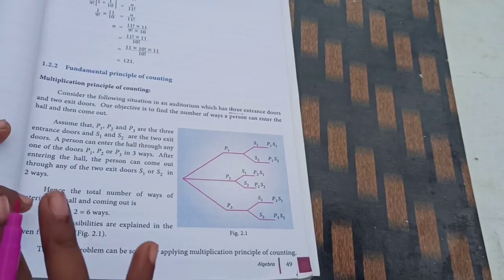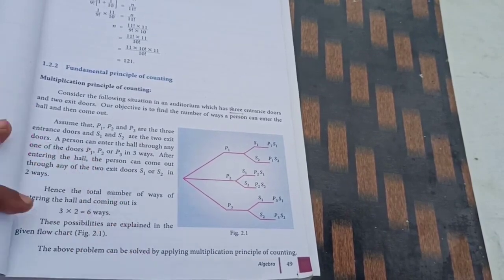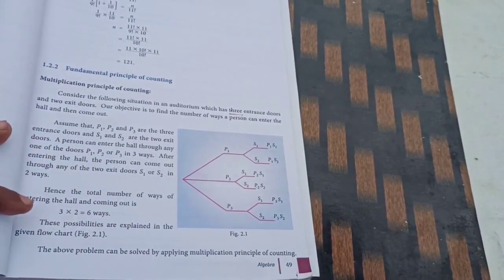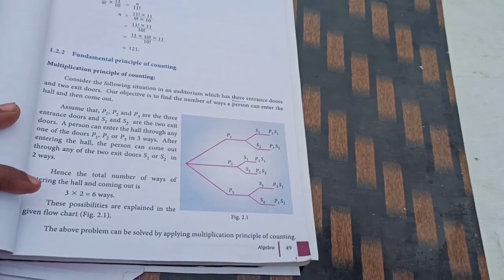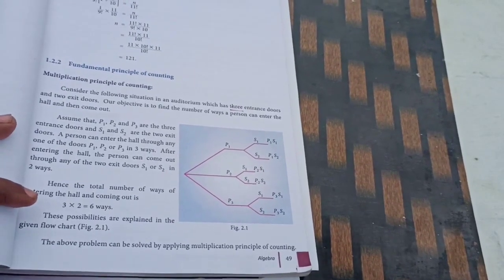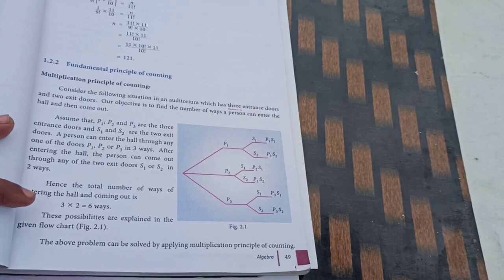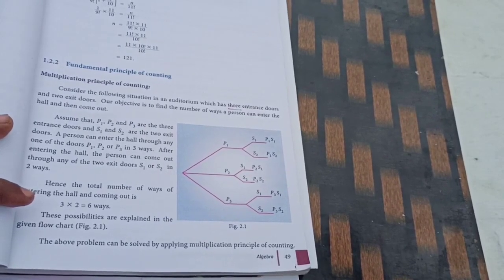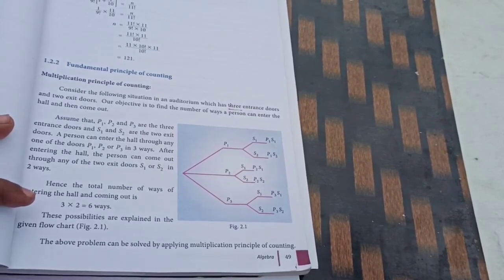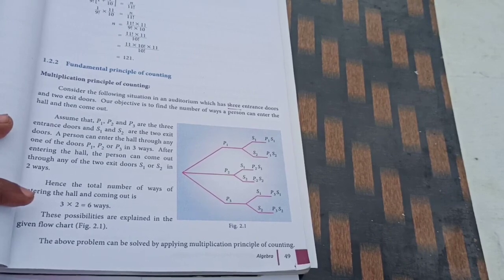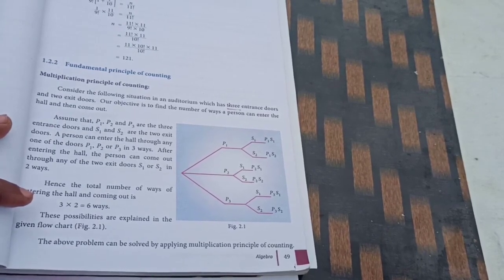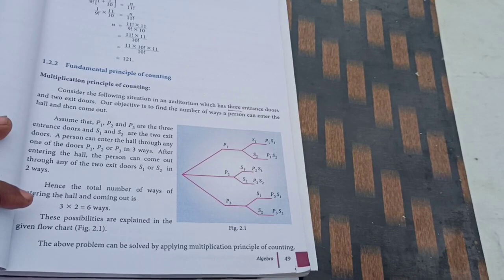I said 3, is it right? Then when he is exiting out, how many exit doors are there? 2. So when I am starting the concept itself, if I am asking how many number of ways, you will say 3 doors are there to enter, 2 doors are there to exit. So 3 into 2, how many ways are there? There are 6 ways. You will say, is it right?